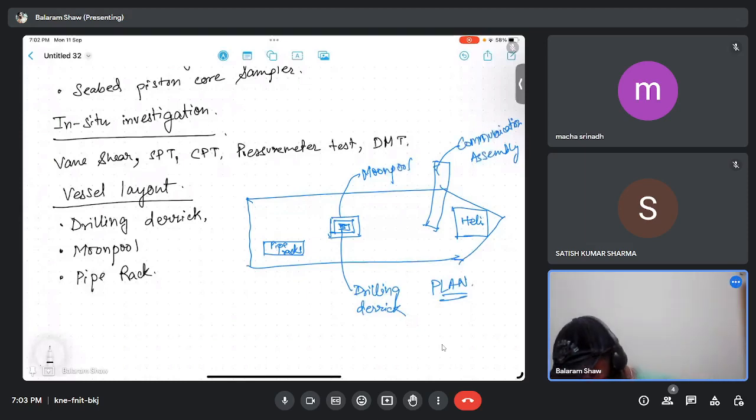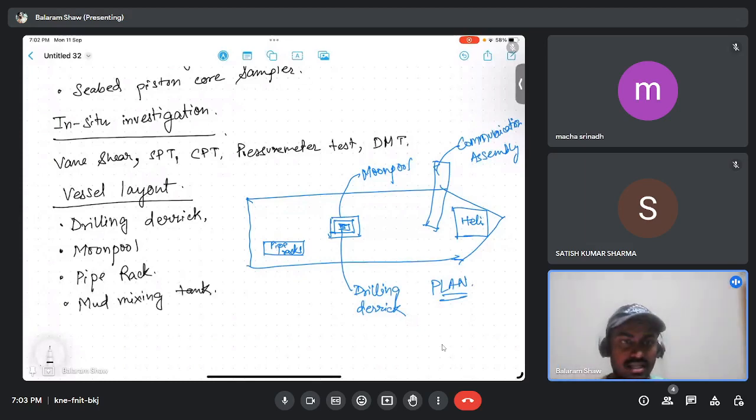Then we'll have a mud tank or mud mixing tank. Because we are drilling, there will be some fluid, as in onshore investigations also. What we have seen, while we are drilling there will be some kind of fluid coming out. To store those drilling fluids, we have this mud mixing tank.